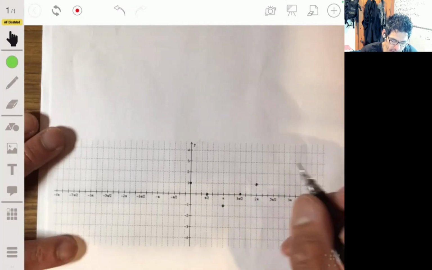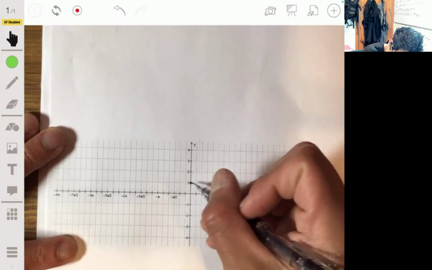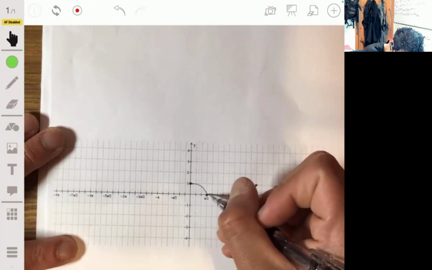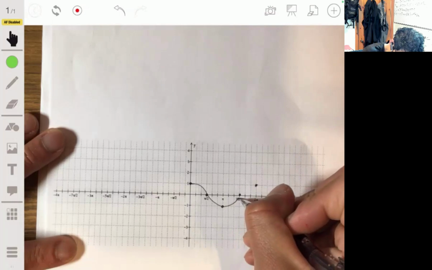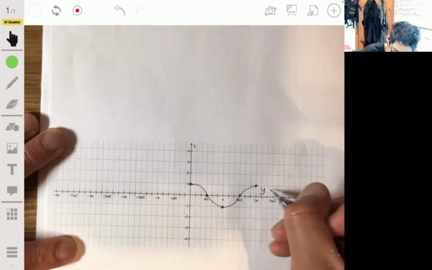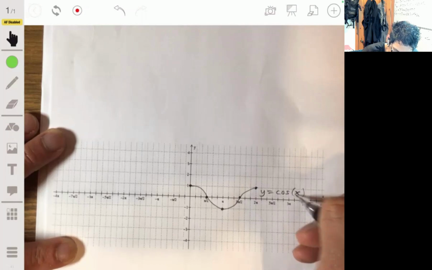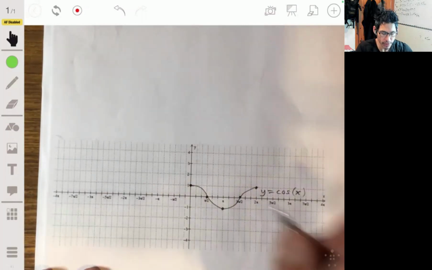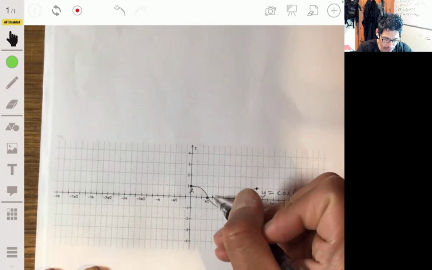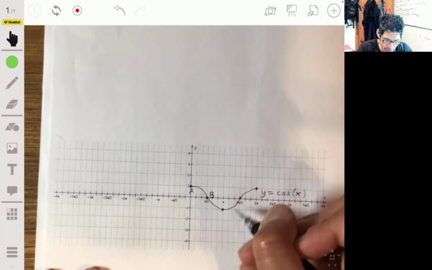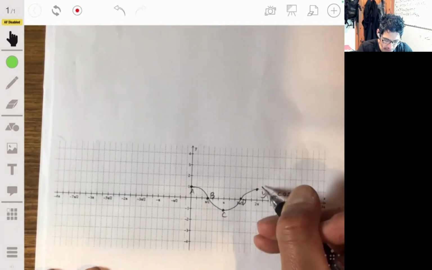This is the original cosine graph, y equals the cosine of x. Let's label these points A, B, C, D, E.